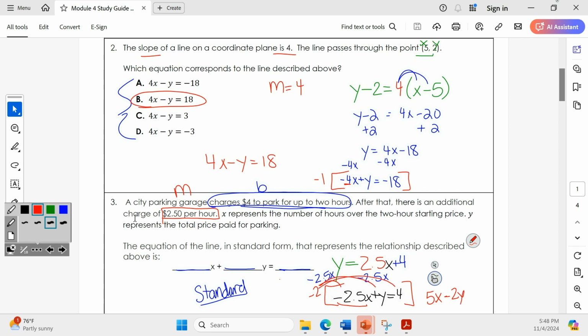And negative 2 times 4 is going to be equal to a negative 8. Now that my a term is positive, I can identify and fill in the blanks. So it's 5x minus 2y is equal to negative 8. And you'll notice in Canvas, this is a drop-down menu question, and it will be like that on the test as well.